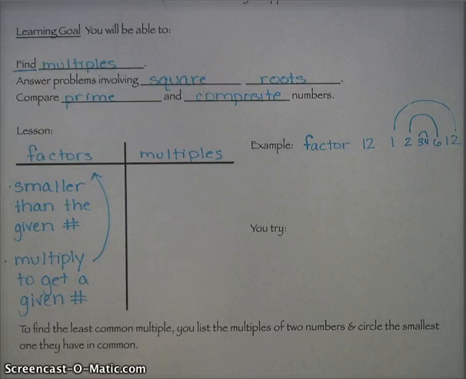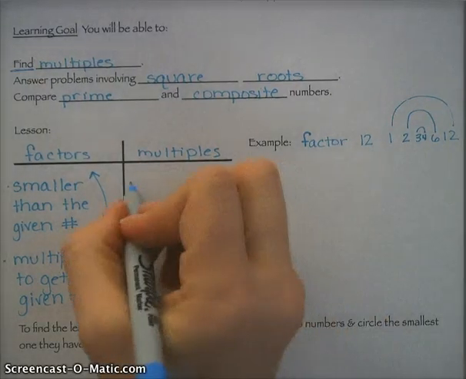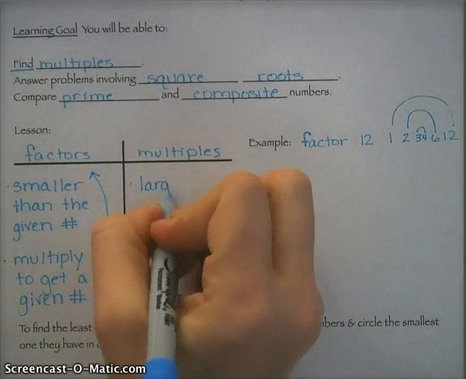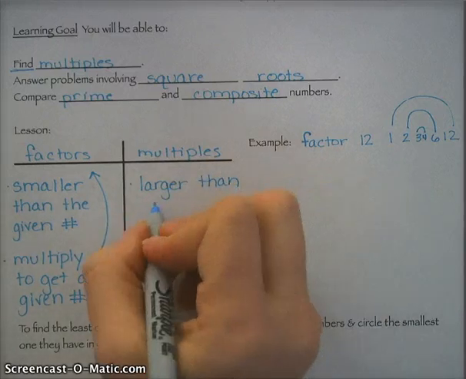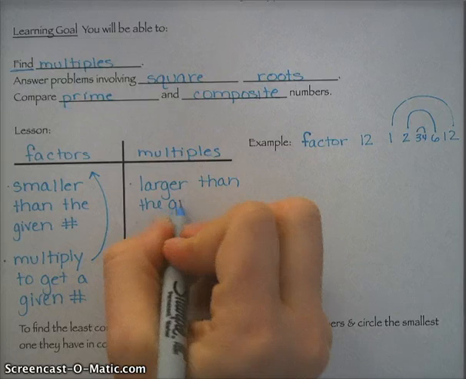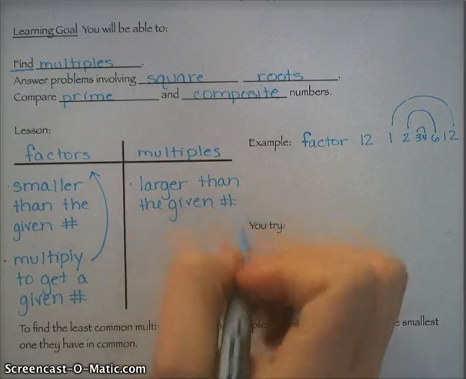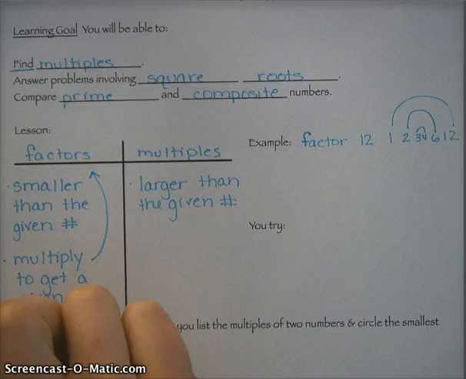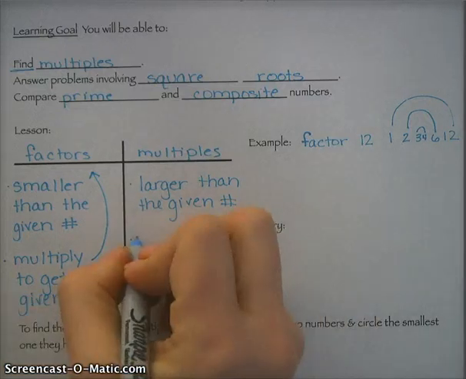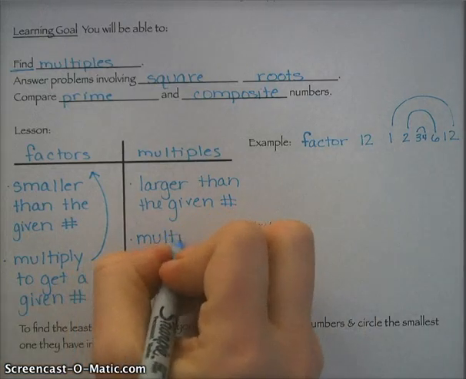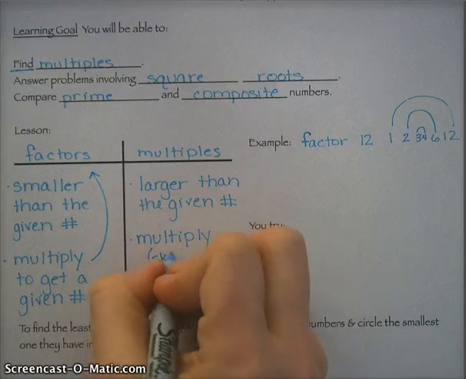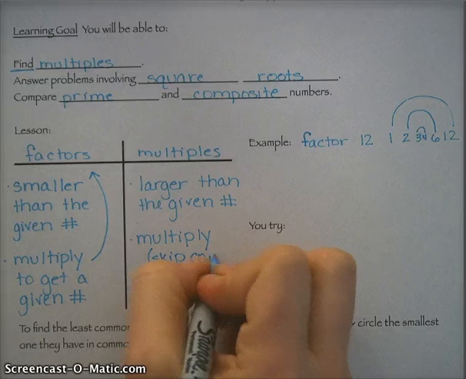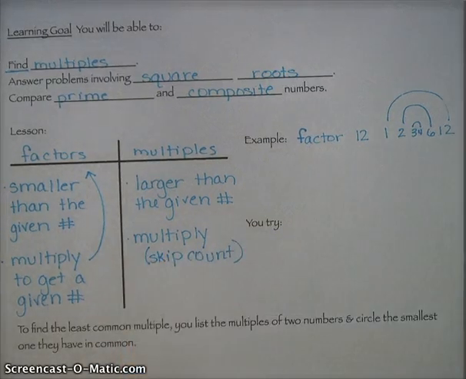Now, if you're working with multiples, multiples are larger than the given number. When I think multiples, it reminds me to multiply. And our multiplying is just like we're skip counting by certain numbers.